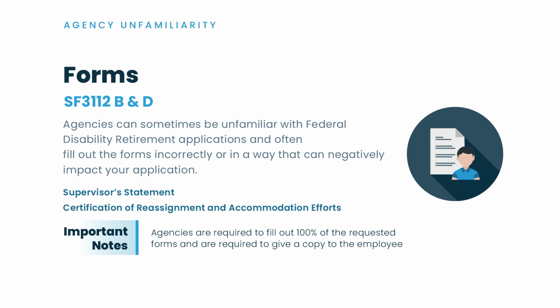So just know that just because you get a negative 3112B or D, that doesn't mean you should stop your application for disability retirement. It doesn't mean that you don't qualify. Exactly. And we have a lot of experience responding to various forms in different ways of completion.